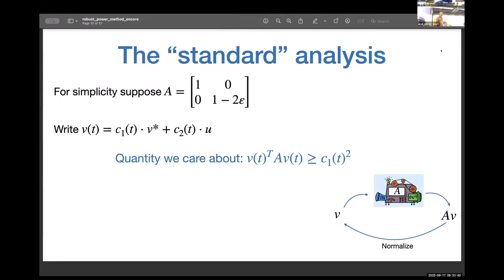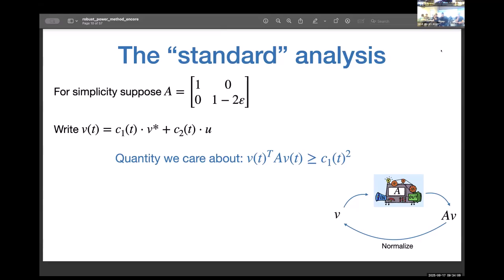If you look at how the power method is analyzed, essentially we use this quantity to track progress. Why is that? At some iteration t, what is the progress I've made? You can just compute v transpose A v at time t. Because it's a diagonal matrix and these are eigenvectors, the only things that pop up are the squared parts of the masses.